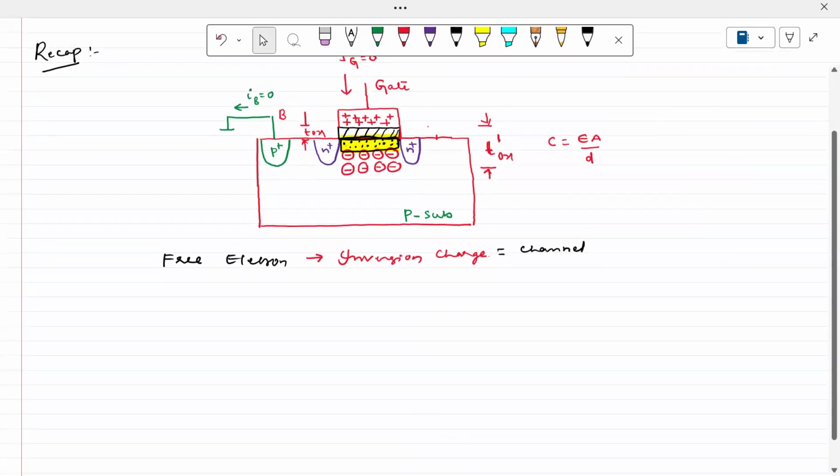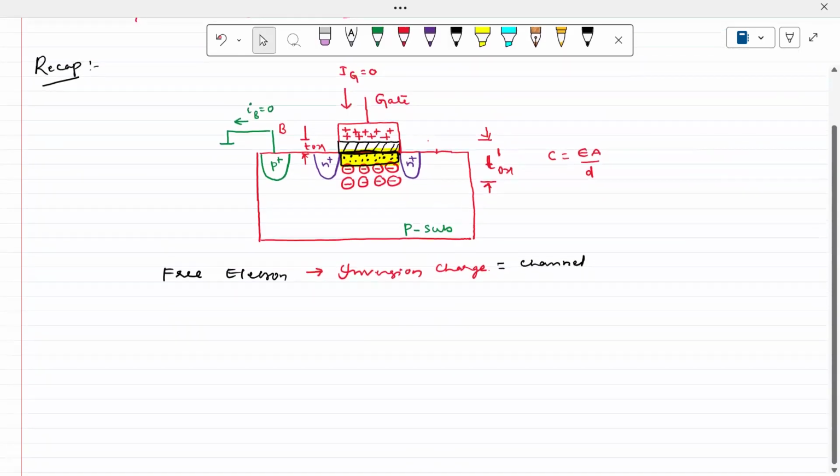Free carriers are available without applying any potential difference between them. From this end to this one, if I'm not providing any potential difference, the current cannot go. Why? Because once we provide the potential difference, only then can the carriers move from higher potential to lower potential. Definitely the carriers cannot move because we have not provided any potential difference.